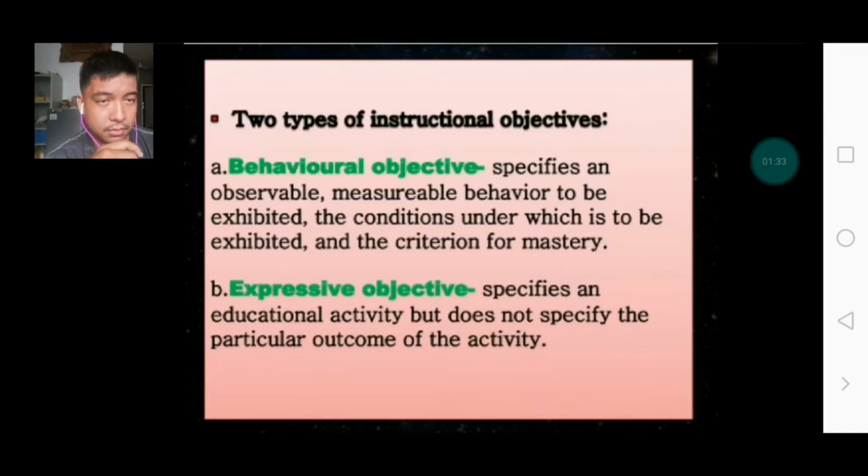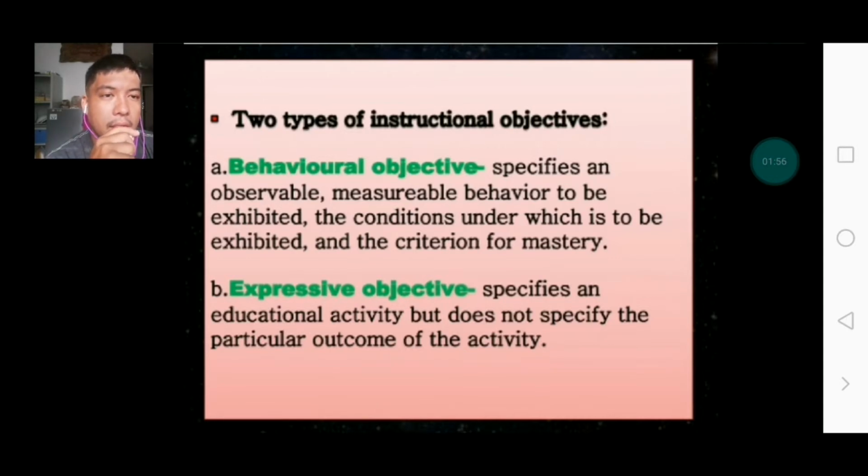There are two types of instructional objectives: the behavioral objectives and the expressive objectives. First, the behavioral objective. From the word itself, behavioral, as a teacher, you rely on the behavior of your learners.